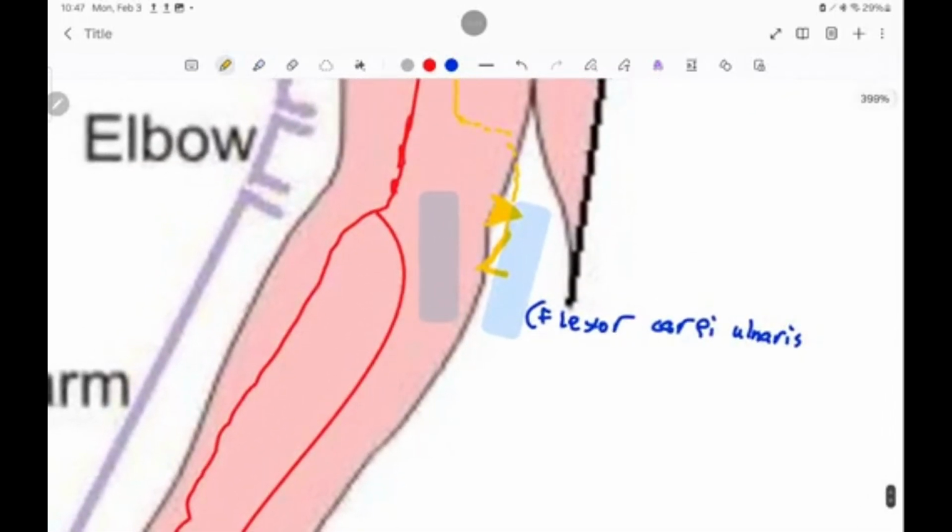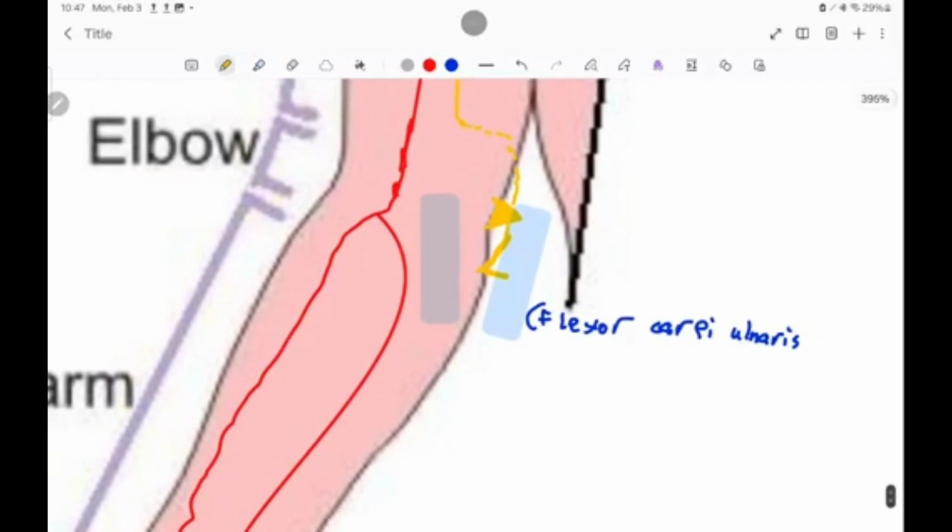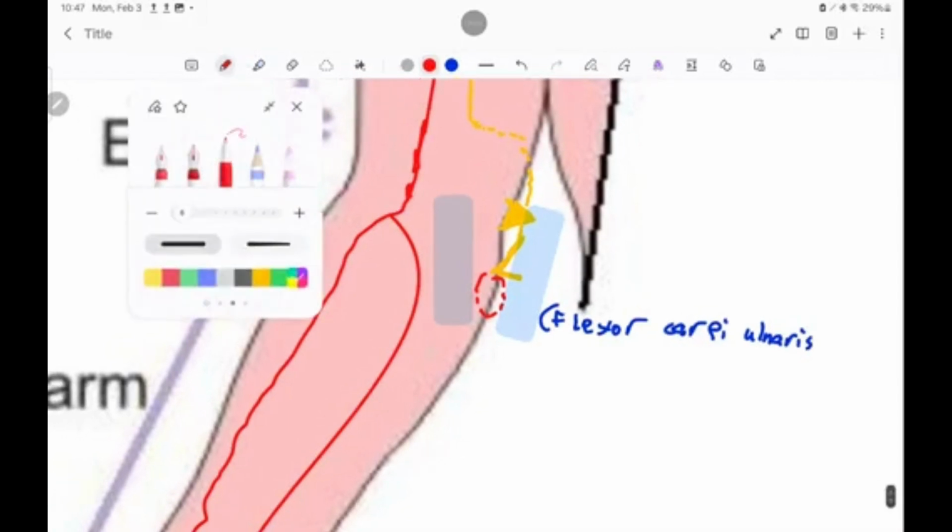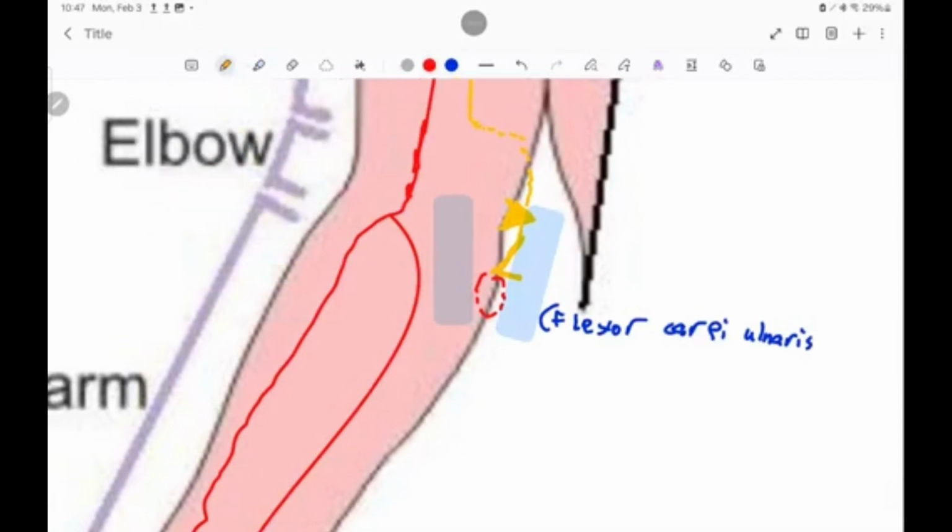However, the medial part, which is the one deep to the flexor carpi ulnaris, is supplied also by the ulnar nerve. So here is the flexor digitorum profundus, or let me draw it like this. Right now you can see it like it's anterior, but in reality it's posterior or deep to the flexor carpi ulnaris.